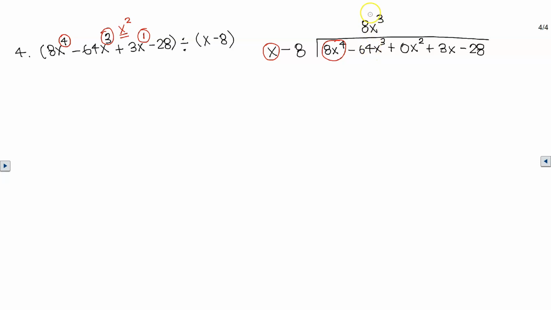And notice where that is. That's right above the x to the third term. All right, multiply 8x to the third times x. That will give you 8x to the fourth. And then 8x to the third times negative 8 will give you a negative 64x to the third.